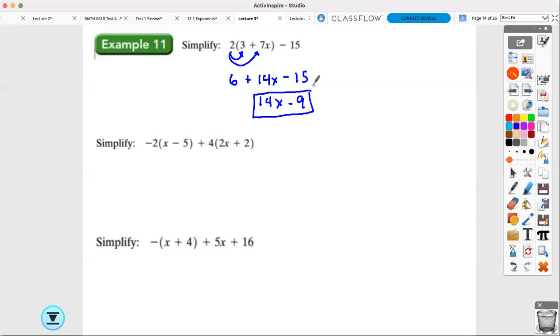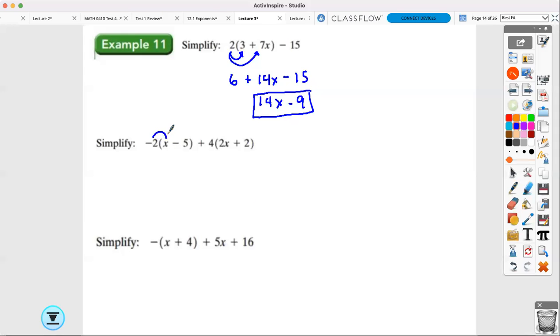Any questions on the first example from 11? All right, let's take a look at the next example, which is simplify. Can anyone tell me how many different times we would apply the distributive property? Twice, right?